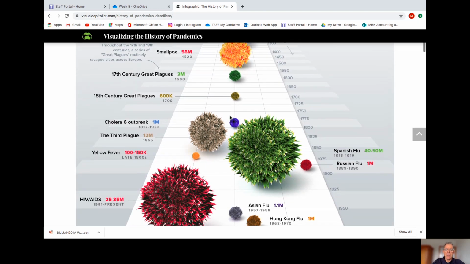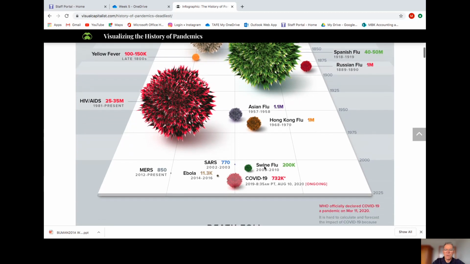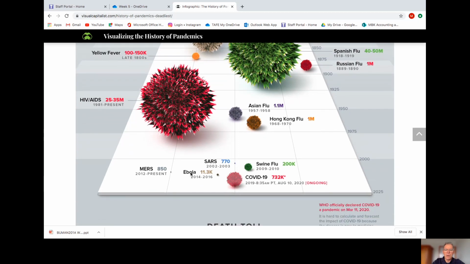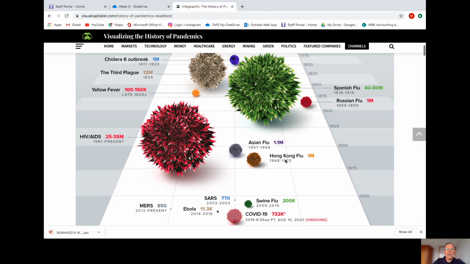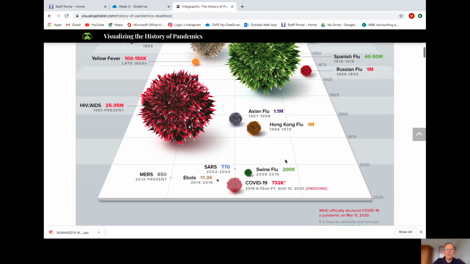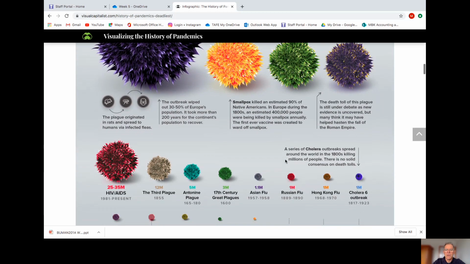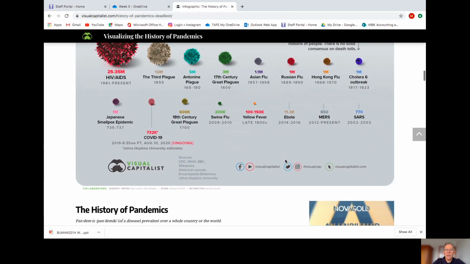So all the plagues: HIV, AIDS, Asian flu, Hong Kong flu, swine flu, SARS, Ebola, and COVID ongoing as at the 10th of August 2020. So fairly up-to-date graph, fairly helpful in terms of giving us a picture of what's going on. So quite well done.